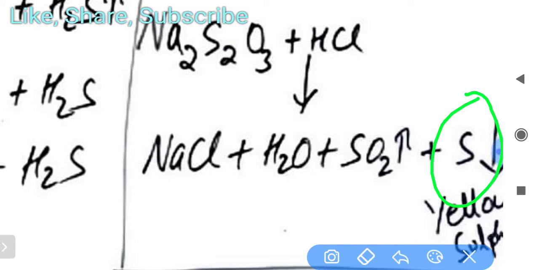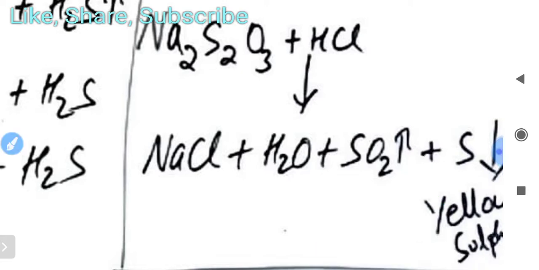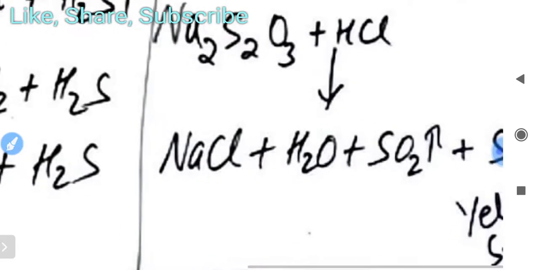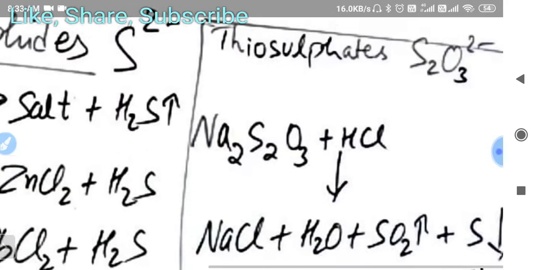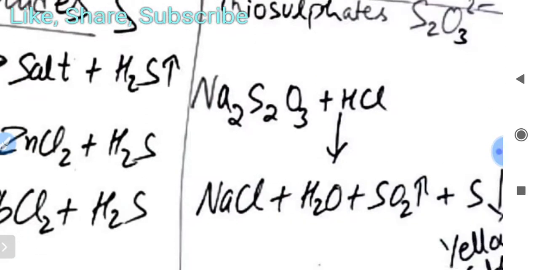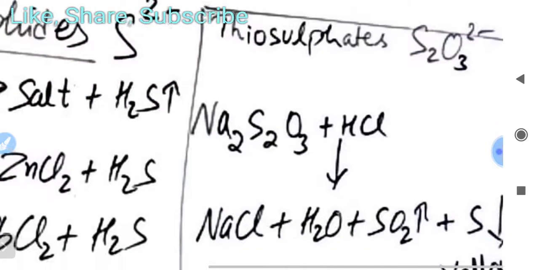It can be asked in the exam: you have to write the equation, or what happens if HCl reacts with sodium thiosulfate. A yellow precipitate of sulfur will be formed in this reaction. You can note it down also. This was very important from the perspective of the exam.